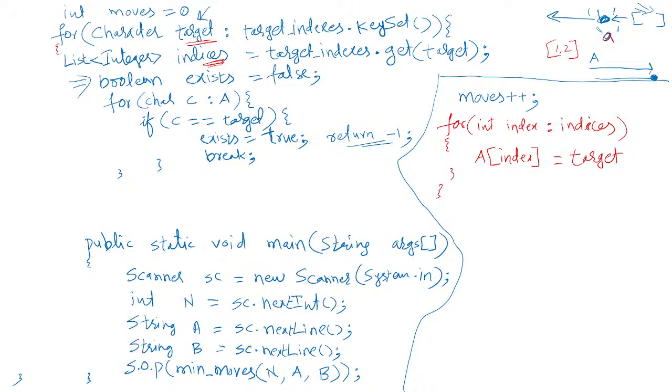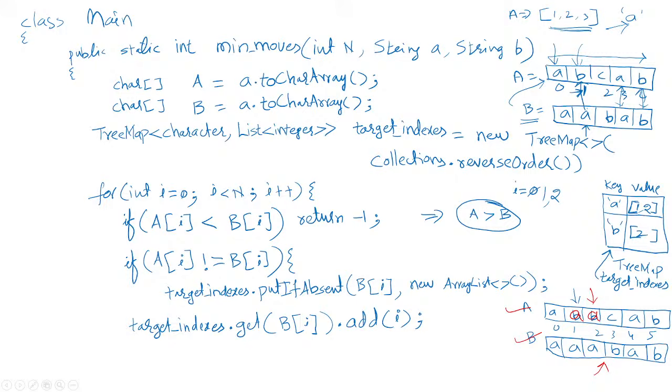Once you complete all the conversions for all the indexes, that means first for letter B you do the conversion, then next for letter A you do the conversion, because there are two keys here, A and B. You are accessing in descending order, so first B you do, next you do A conversions.